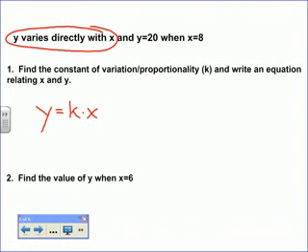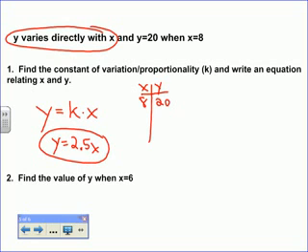So it says when y equals 20, x equals 8. Just think of it like our table. How would you figure out the constant of proportionality? 20 divided by 8 gives you 2.5. So we would say y equals 2.5x. Then it says find the constant of variation, proportionality, and write an equation relating x and y. So that we did.